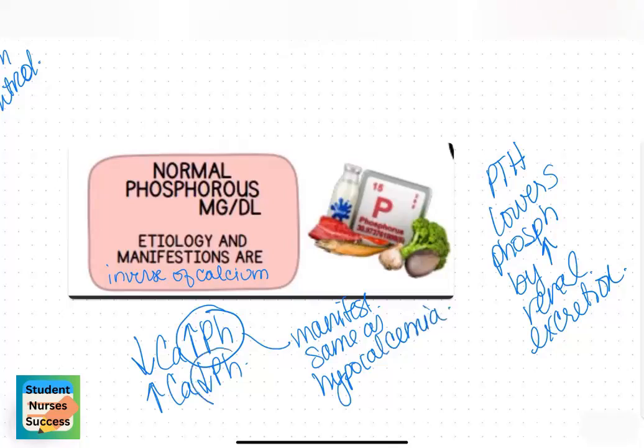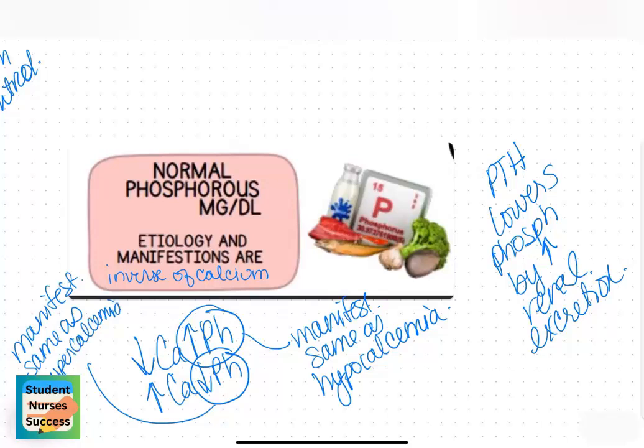And if your patient's got a low phosphorus, their manifestations would be the same as hypercalcemia.